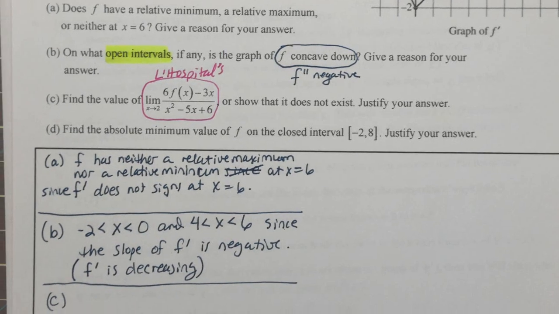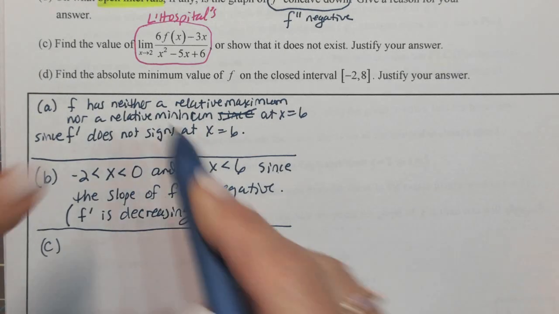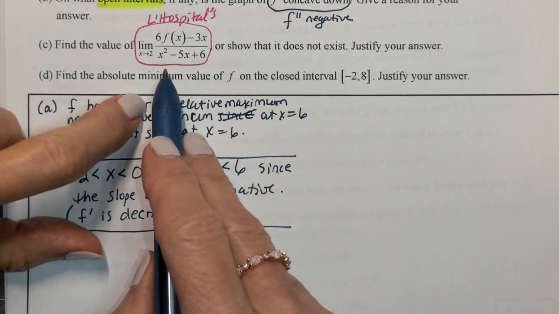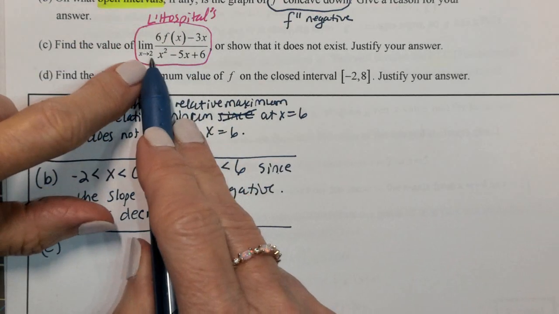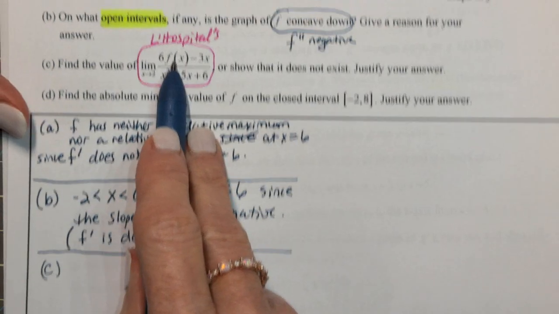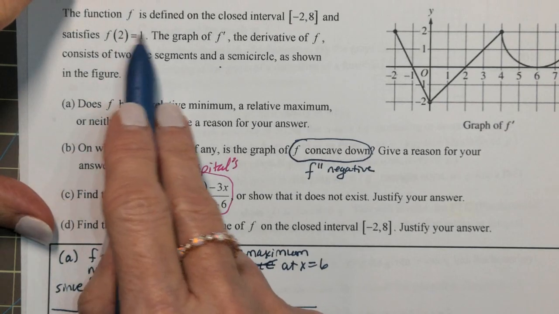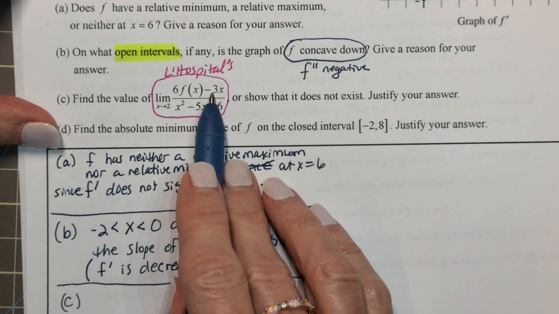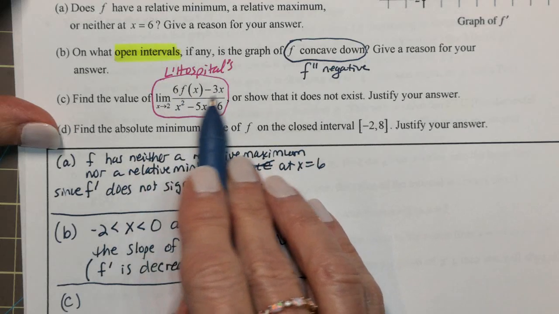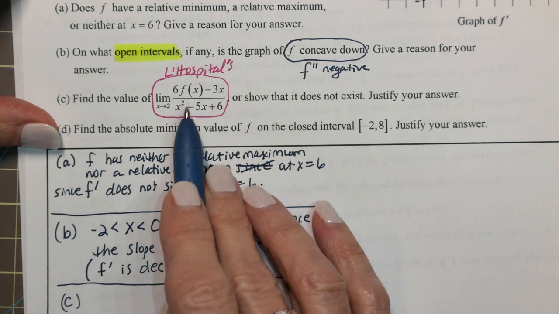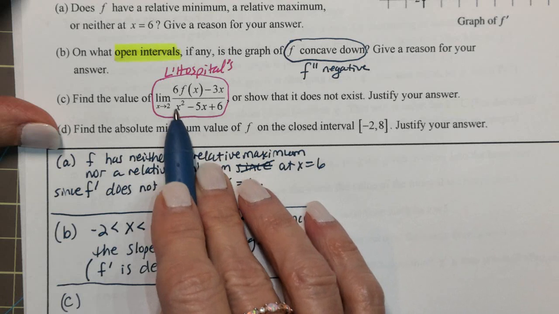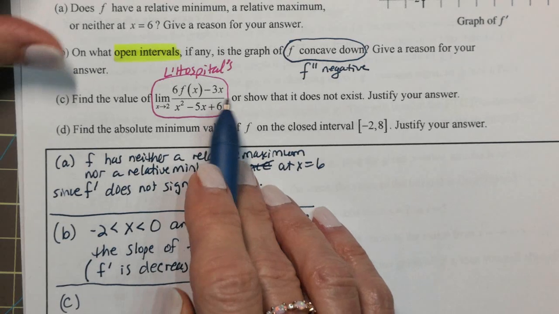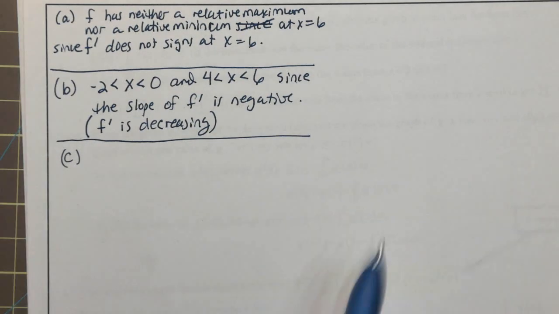Okay, so we can do a quick check to see if it is L'Hopital's, 0 over 0. What is f of 2? F of 2 was given to us to be 1. So that would be 6 times 1 minus 3 times 2. Sure enough, that is 0. If we put 2 into the bottom, we'll have 4 minus 10 plus 6. That is 0. So we need to show that.